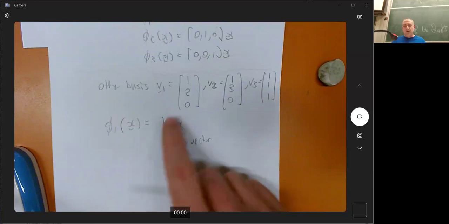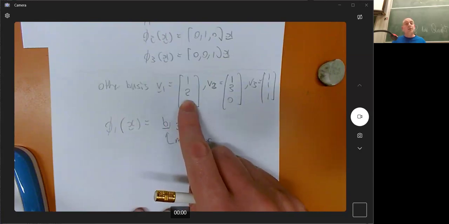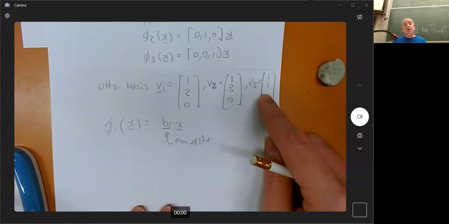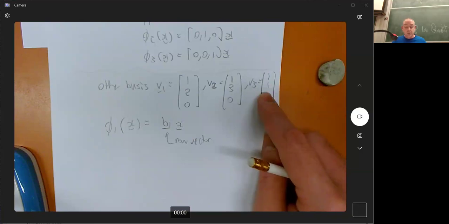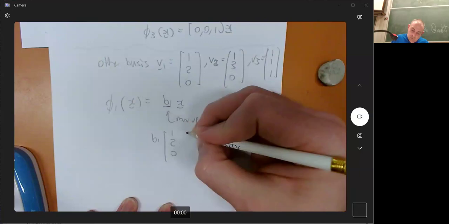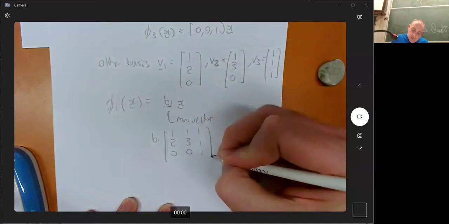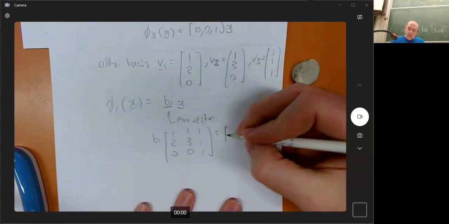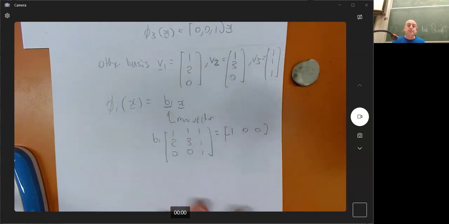And so I need B1 times this to be 1, and B1 times this to be 0, and B1 times this to be 0. So I need B1 times 1, 2, 0, 1, 3, 0, 1, 1, 1 to be 1, 0, 0. I need that to be true, right?